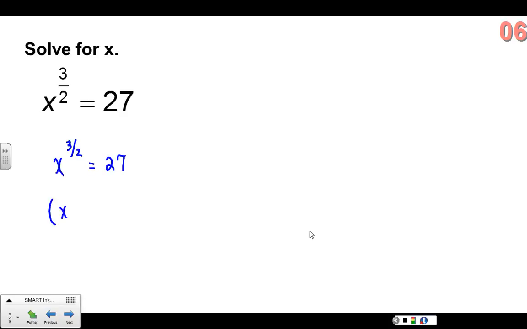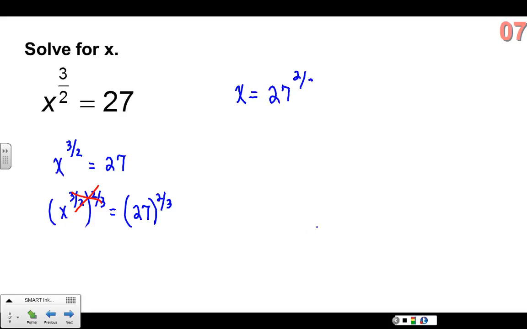So if I have x to the 3/2, if I raise that to the 2/3 and raise 27 to the 2/3 as well, I should be able to solve. Notice when I multiply the exponents, 2 cancels with 2 and 3 cancels with the 3. So I would be left x equals 27 to the 2/3 power.